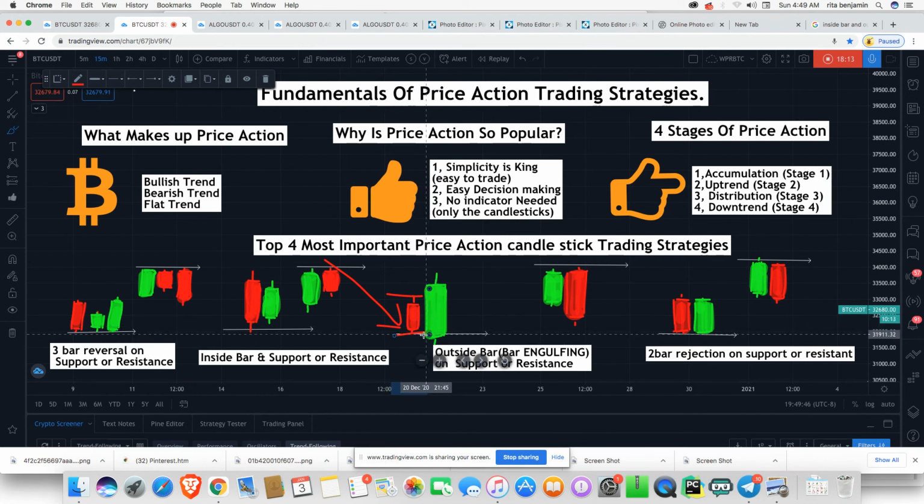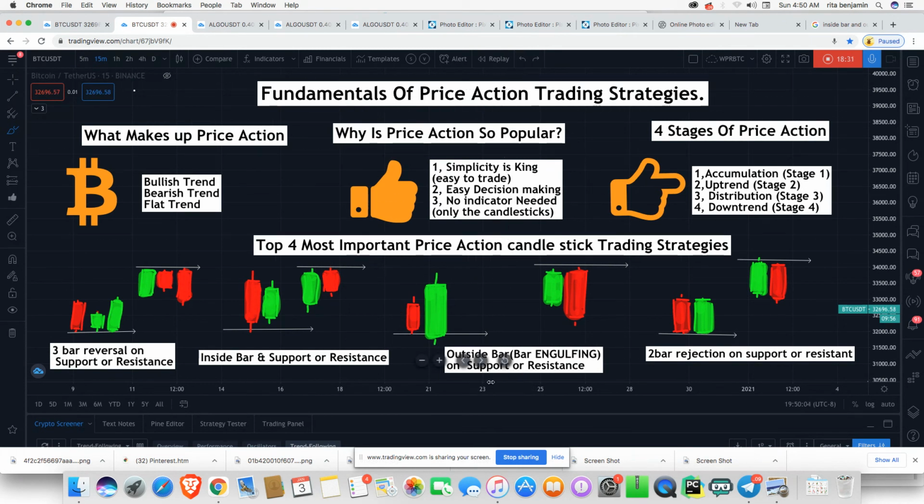So you want to place your buy order here, and your stop loss right here below the candle. That is how you trade the bullish engulfing.